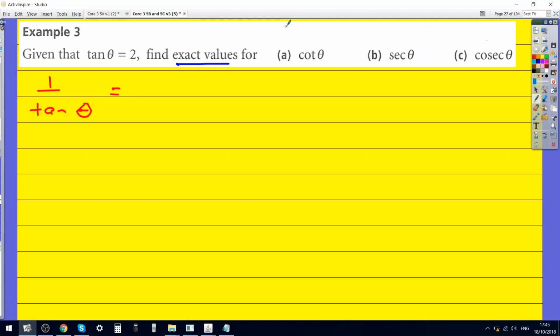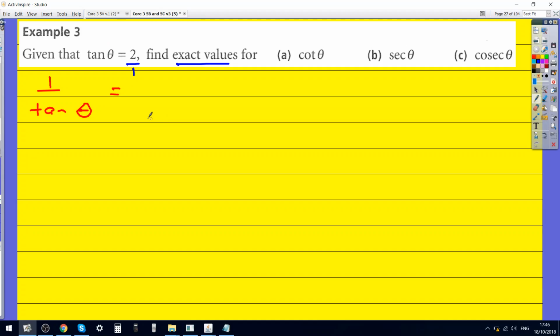It doesn't give me an exact value, just a decimal. Tan theta is 2. Cot is 1 over tan theta. Yeah. Tan theta is 2 over 1.